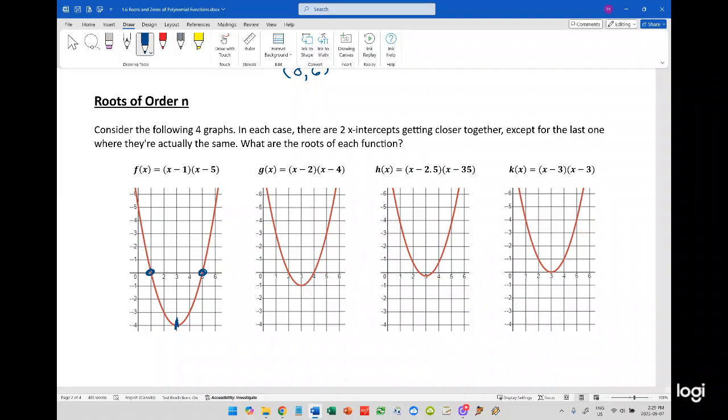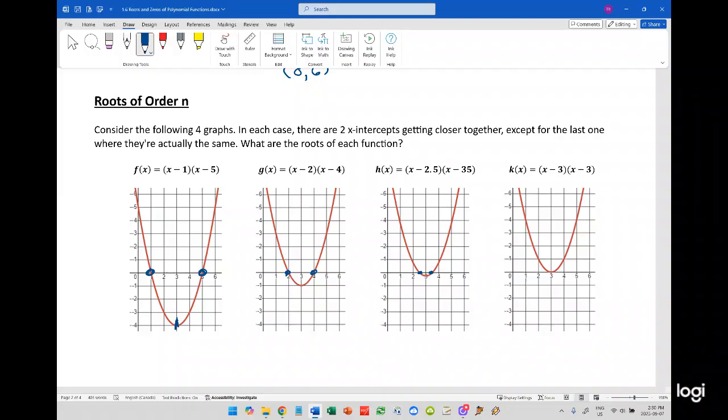And we have x-intercepts that are 3 minus 2 and 3 plus 2. If I shift that up a little bit, our 2 x-intercepts become 2 and 4. They've gotten a little bit closer to the middle point. And if I go to the next one, my x-intercepts are 2.5 and 3.5. They're now only half away from the middle point.